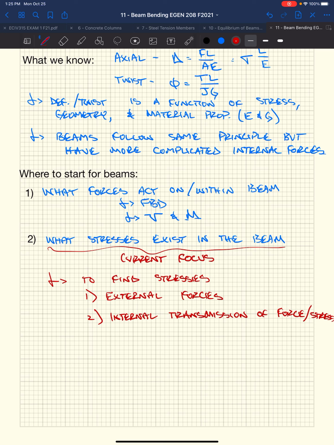Right? So if we have these external forces, they create internal forces, right? Our shear and moment. Well, we need to know how those internal forces transmit force or stress throughout our cross section. Right? So I guess we go back to axial to bring it home.